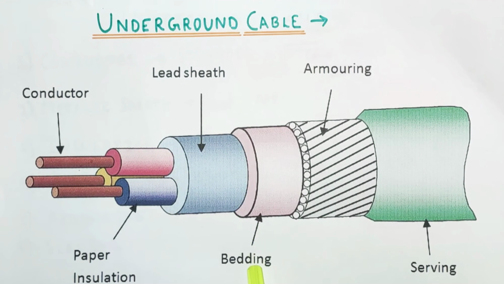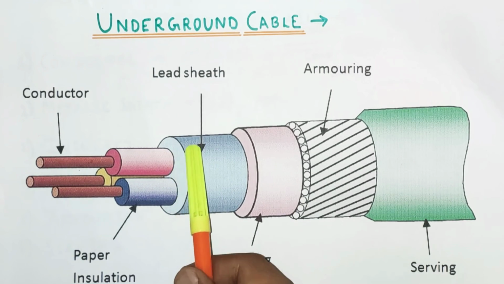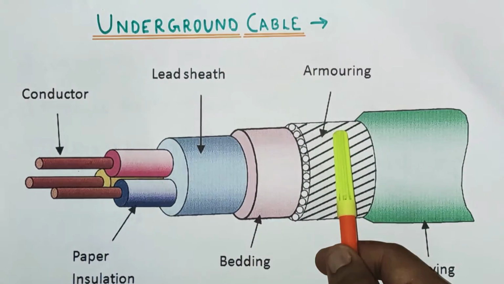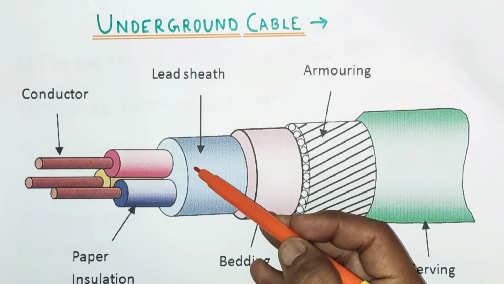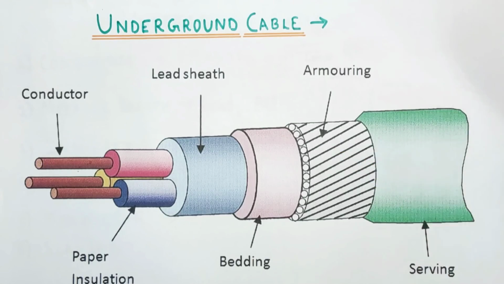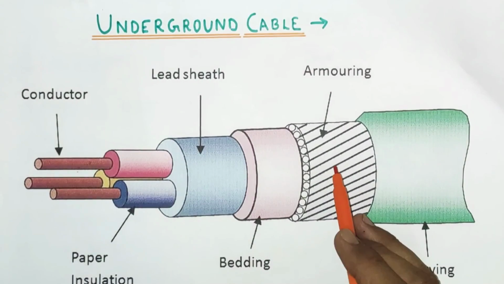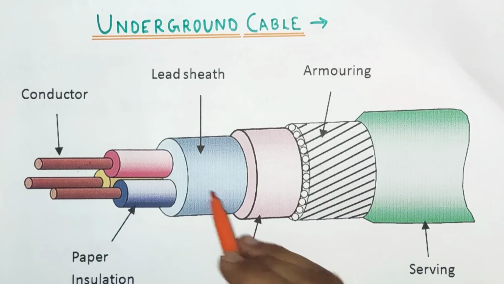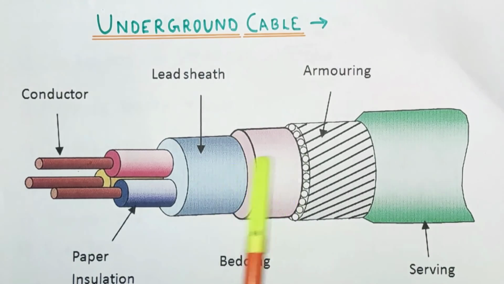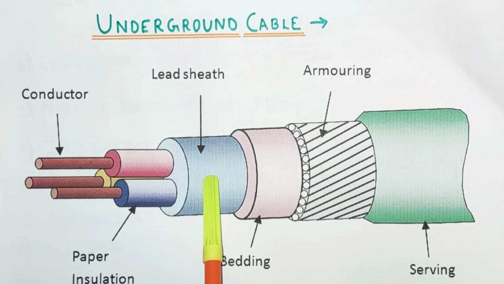Now coming towards the bedding. Friend, bedding is used to protect the lead sheath from mechanical injuries through armoring. As the lead sheath is metal and armoring is also made up of metal, either galvanized steel or steel tape, if we do not put bedding between these two layers, then this metal will damage the lead sheath metal.